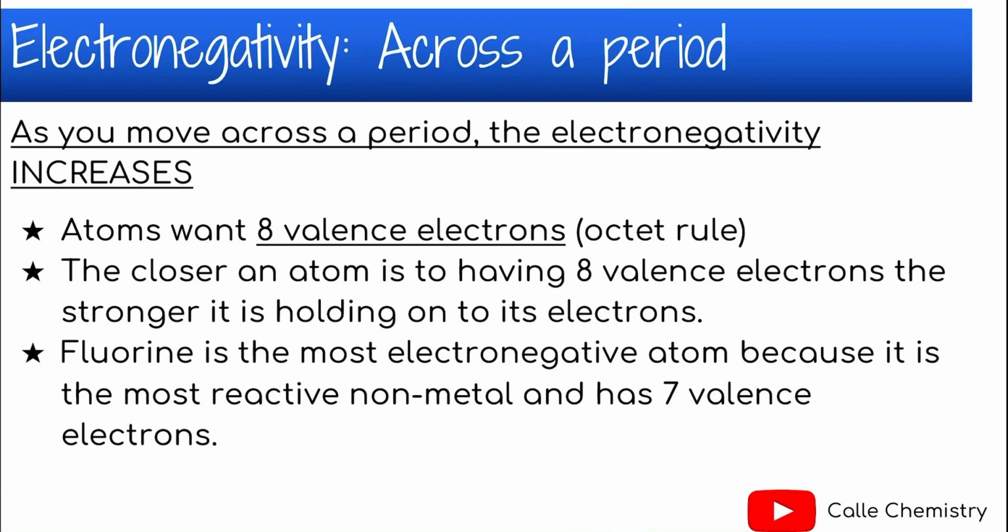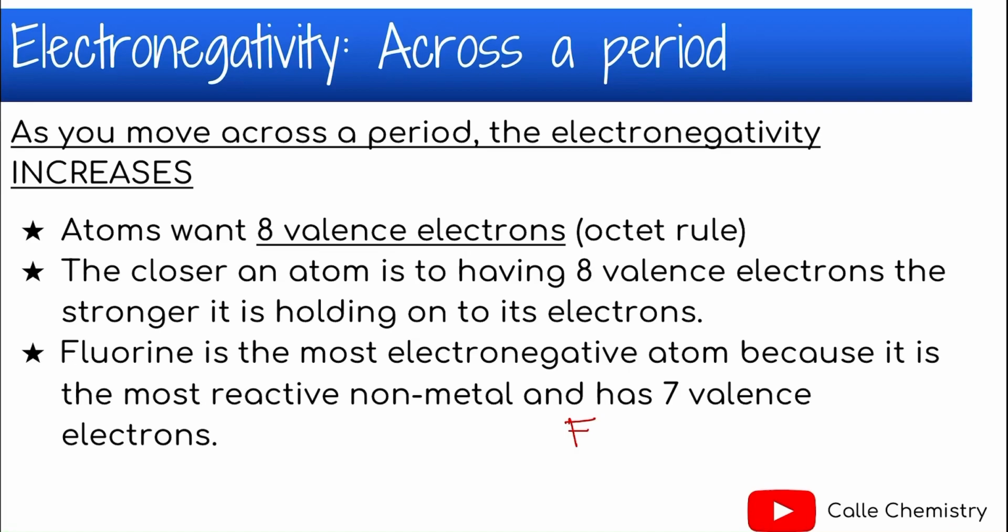The reason for this is because all the atoms want 8 valence electrons. So the closer an atom is to having 8 valence electrons, the stronger it's going to hold on to its electrons. So let's take an example, let's say fluorine. Fluorine, we said, is the most electronegative atom. Electronegativity is talking about the attraction to its electrons.